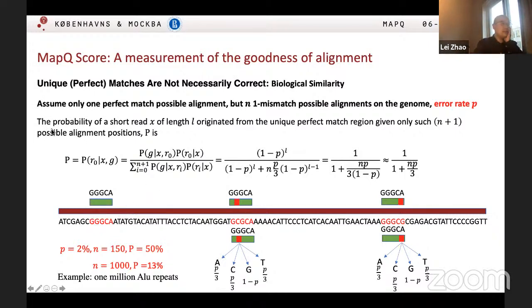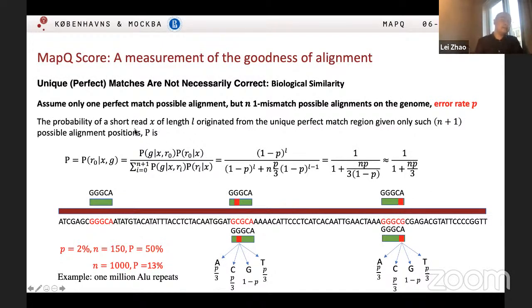But let's look at this mathematical calculation. Suppose we have a short read X with length L that originates from this part. It originates from this short genome, and there are n+1 different possible positions, but only one is perfectly aligned. The others are just one mismatch apart from the reference.